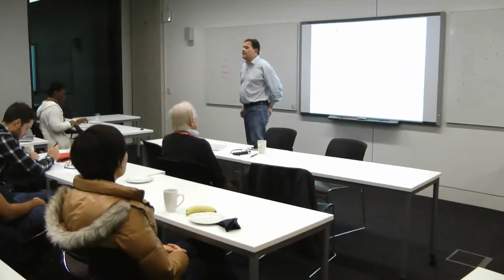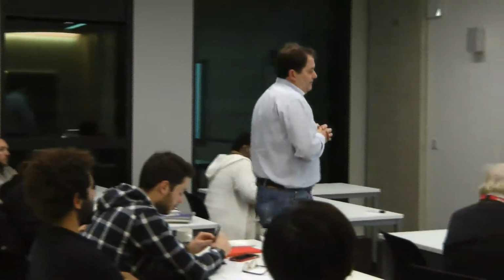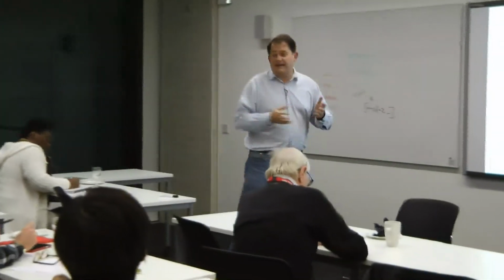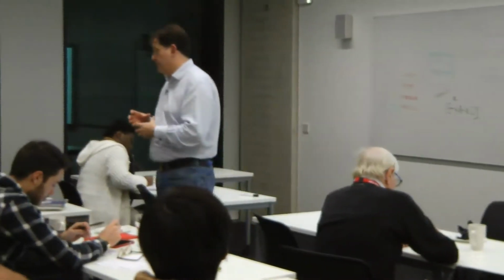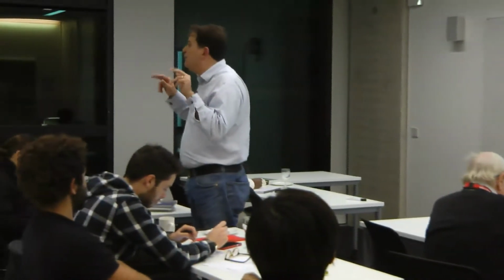No? So KIVA is one of the first lending platforms. It's almost like a microcredit bank, based on an online lending platform. And the idea was to automate microcredit for what they define as poor entrepreneurs.